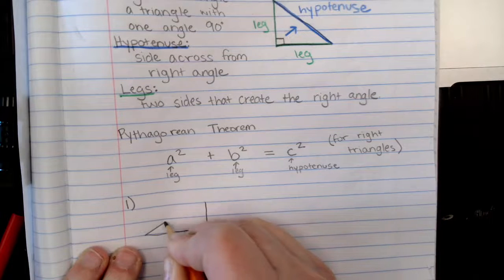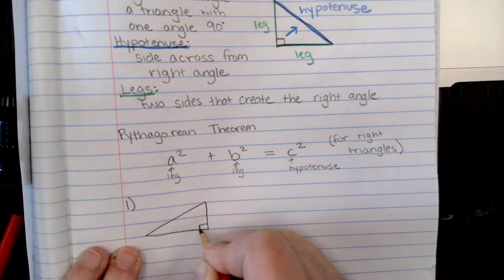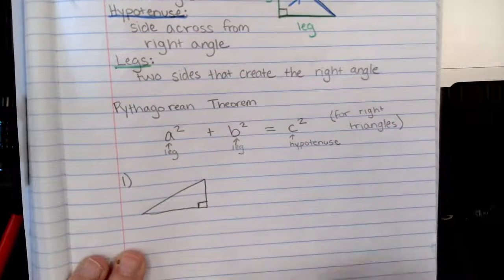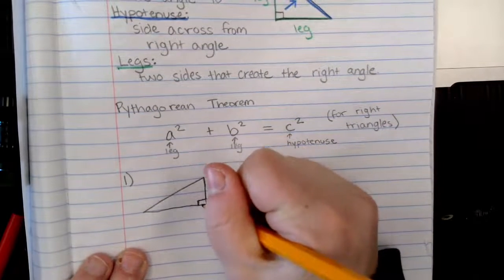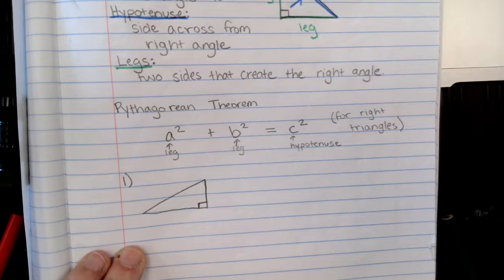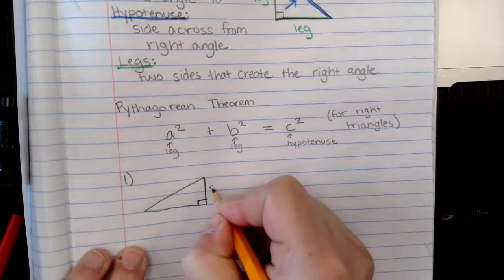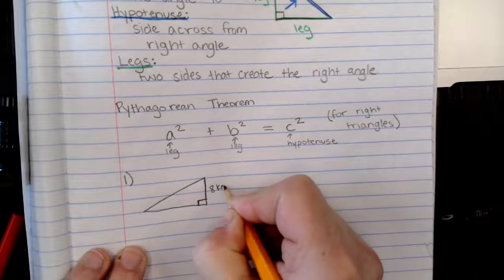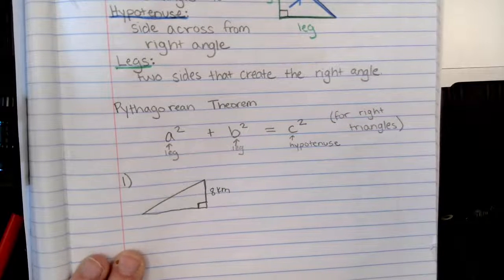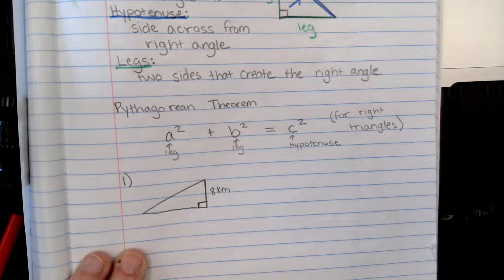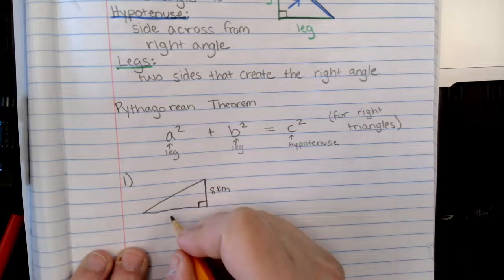This side is 15 kilometers, so 15 km. And I'm going to put this as x. So we need to find x. That's our goal.